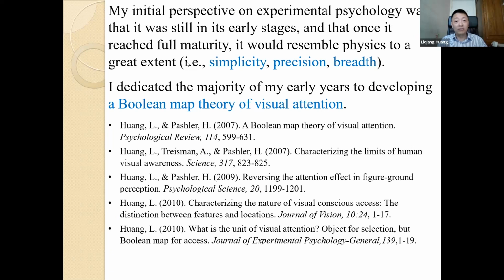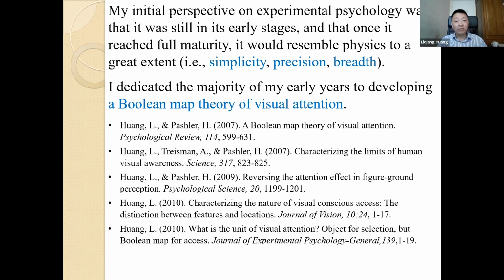That is what happened when I was a graduate student, postdoc and assistant professor in those years. My initial perspective on experimental psychology was that it was still in its earlier stages, and that once it reached full maturity, it would resemble physics to a great extent.